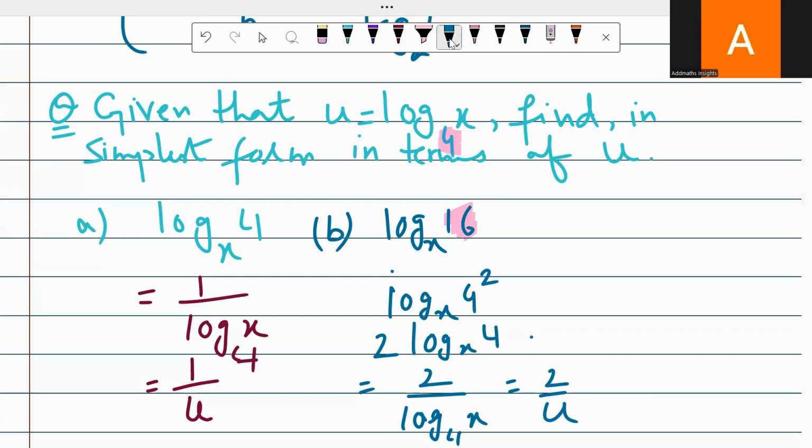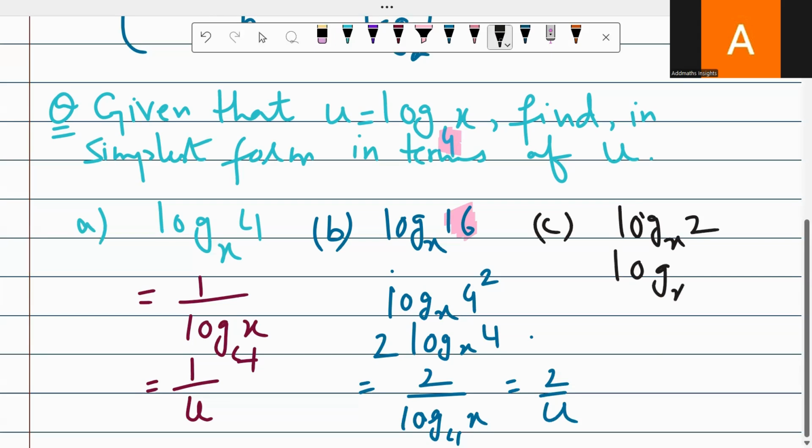One more example. You have to express log base x of 2. Again, we focus on the given expression. It is given that the base is 4 here, so you need to express this 2 in terms of 4. 2 is basically the square root of 4, and the square root of 4 means 4 raised to the power 1 by 2.